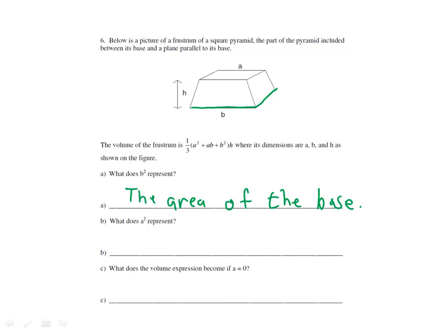What does a squared represent? Well, that's obviously up here. If it's parallel to it, here it's also a square. So it is the area of the top face.